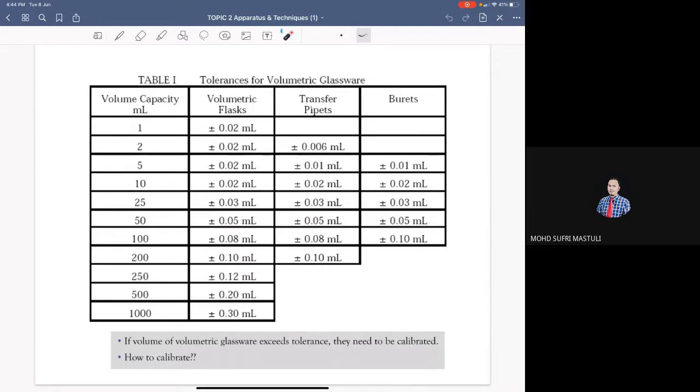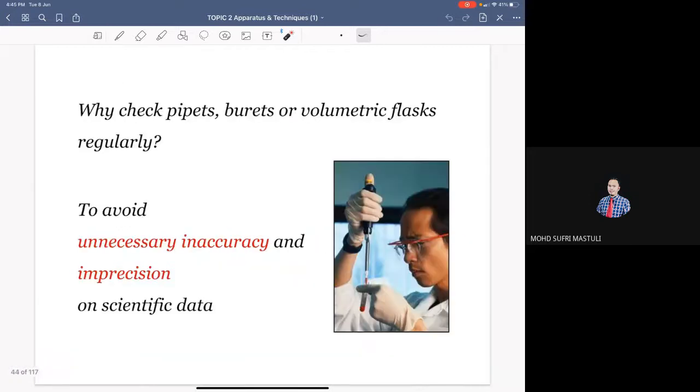All the volumetric glassware have a tolerance. If the volume of the volumetric glass exceeds the tolerance, it means that the glassware needs to be calibrated. So how do we calibrate the volumetric glassware?